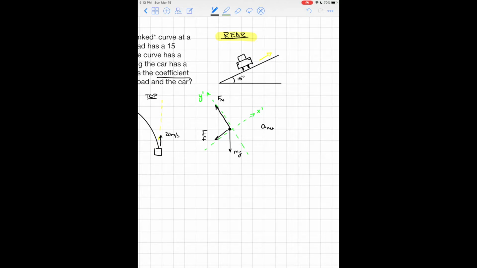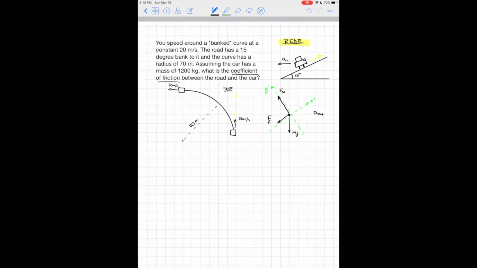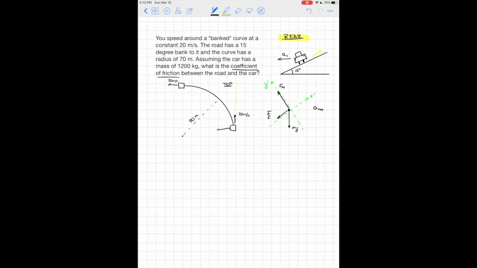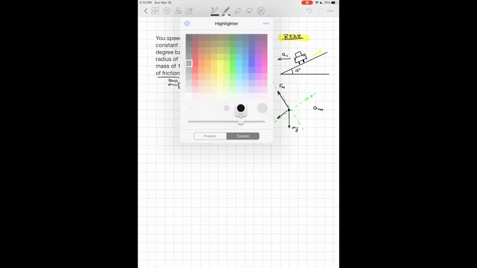Is that actually what's going on here? Am I actually going to accelerate down the slope? I don't think so. I think what I'm actually going to be doing is having a net acceleration directly into the center of my circle.